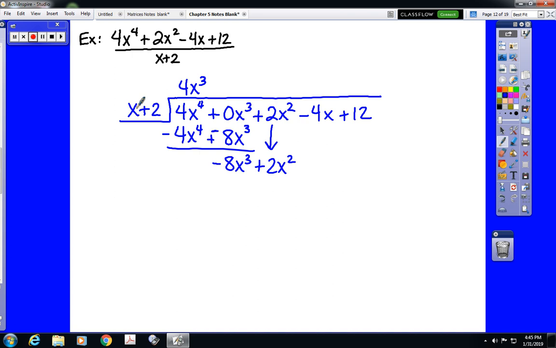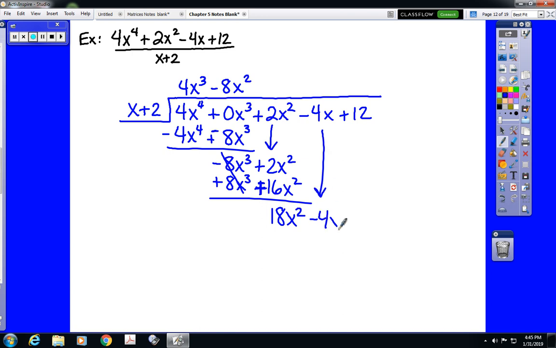What do I need to do to x to turn it into negative 8x cubed? Well, I need to multiply that by negative 8x squared. Negative 8x squared times x is negative 8x cubed. Negative 8x squared times 2 is negative 16x squared. Draw the line, change both signs, which makes that a plus. Add down. That is 18x squared.